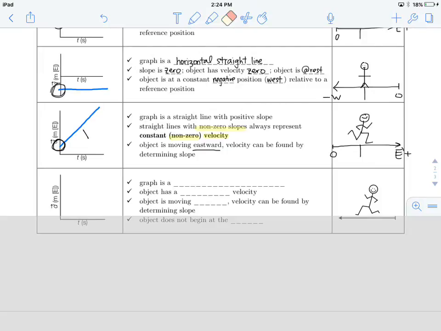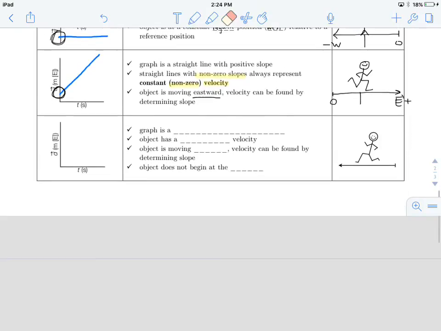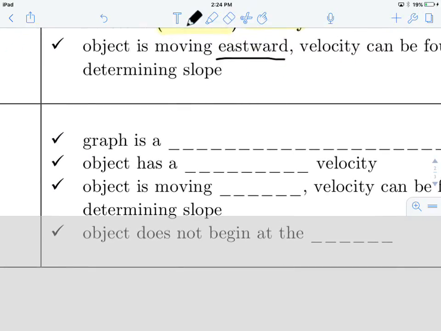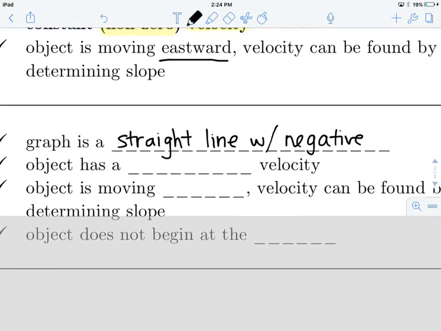Okay? So last but not least is the same kind of thing, but of course you guessed it, we're going to do something negative now. So what we have is a graph that is a straight line with a negative slope.